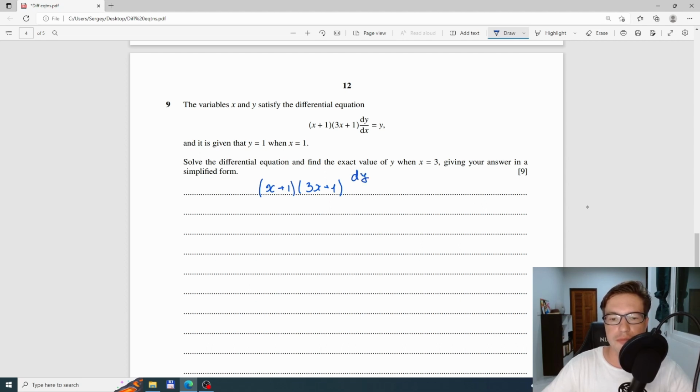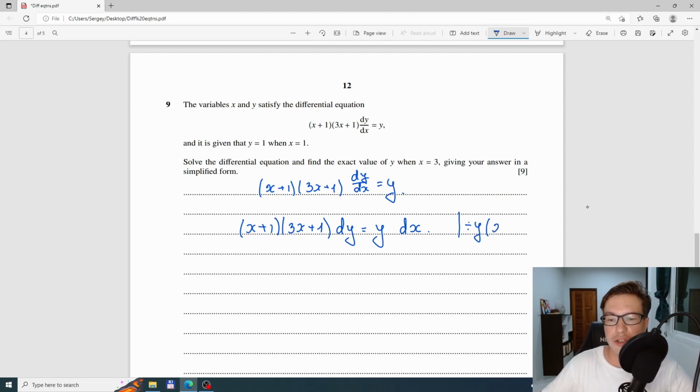dy over dx. Same as before, I'm going to multiply both sides by dx. And for the next step, I'll have to separate the variables. That means have y and dy on one side, and then x and dx on the other side. So in order to do so, I will divide both sides by y, to move y from the right side to the left.